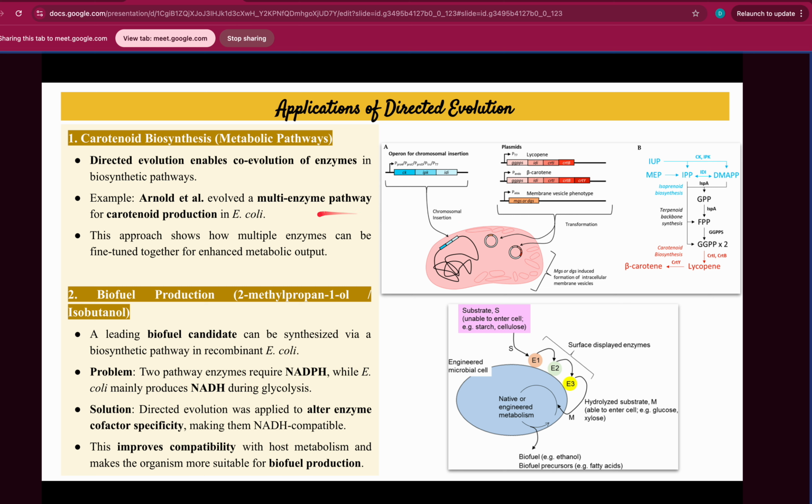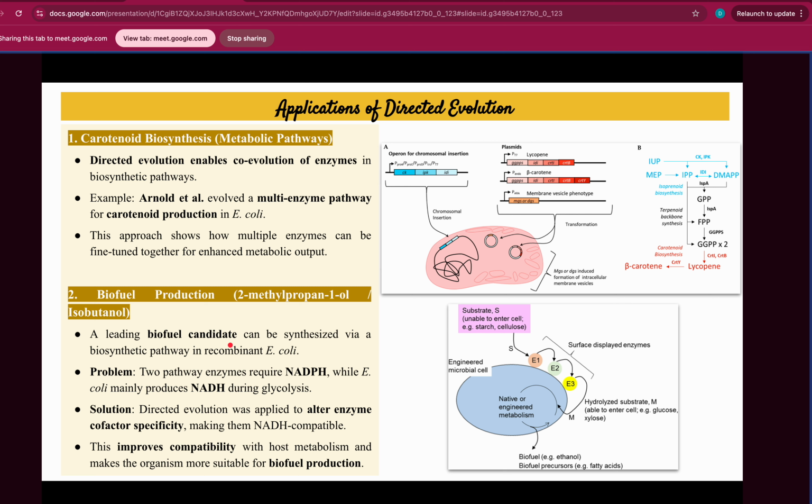With the help of this multi-enzyme pathway, you will be able to produce multiple such carotenoids with different enzymes. So multiple enzymes can be used, which will help you to enhance the output of beta carotenoid which is produced. So you are not limited to only one enzyme pathway. So this is the advantage of directed evolution.